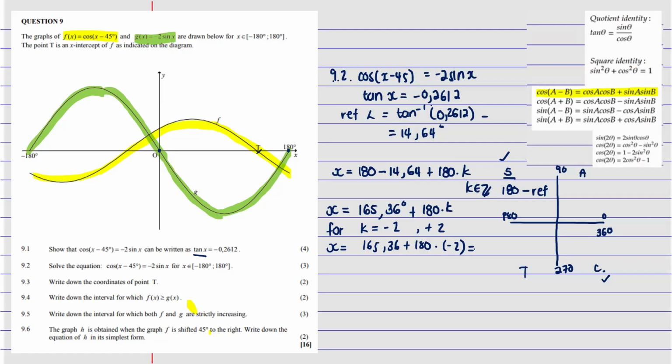We see that our answer is going to be equal to negative 194.64. Do you see that 194 is not in between this?